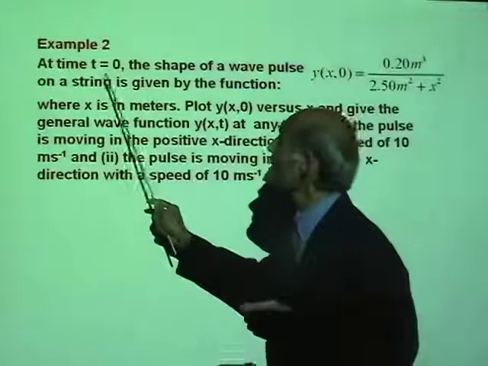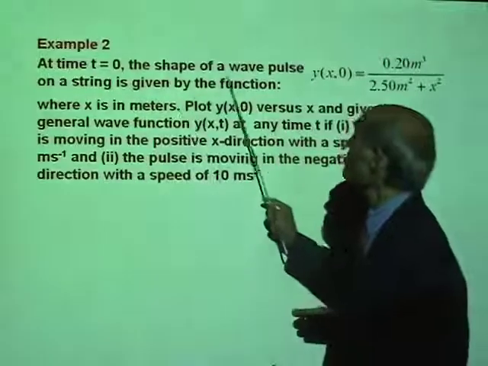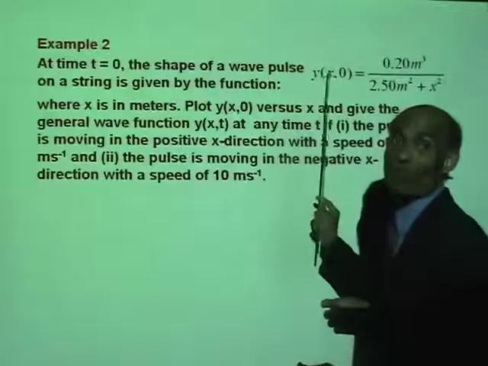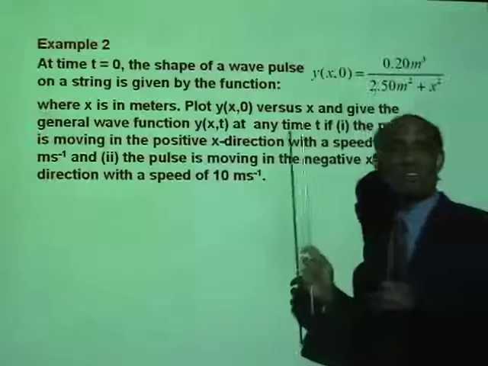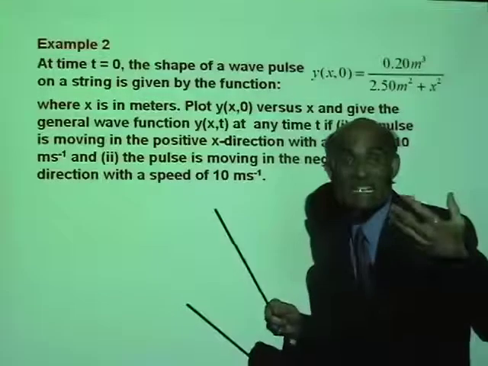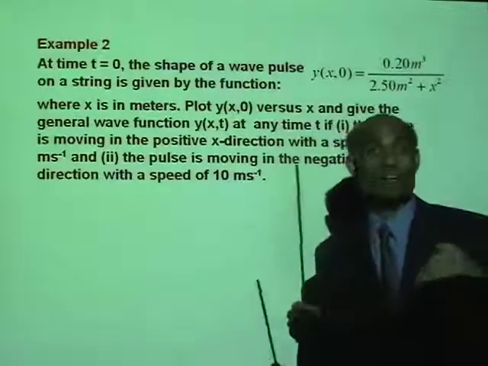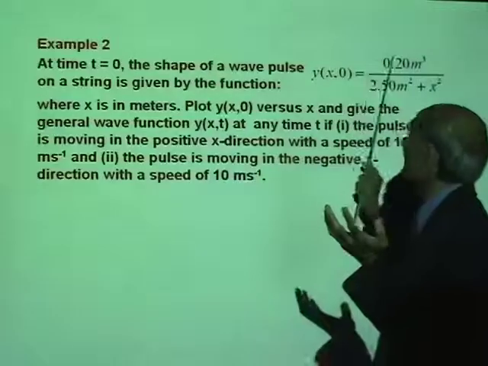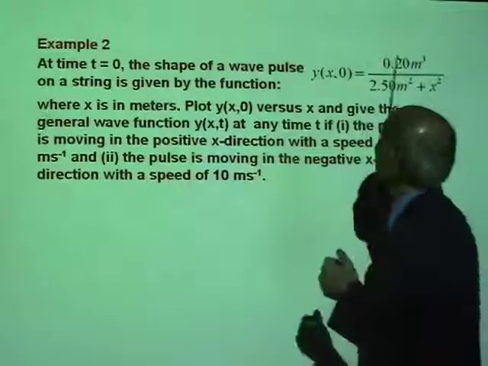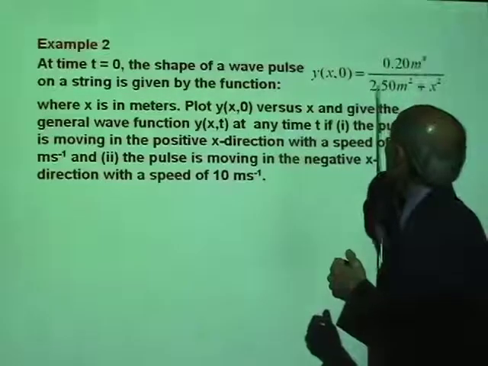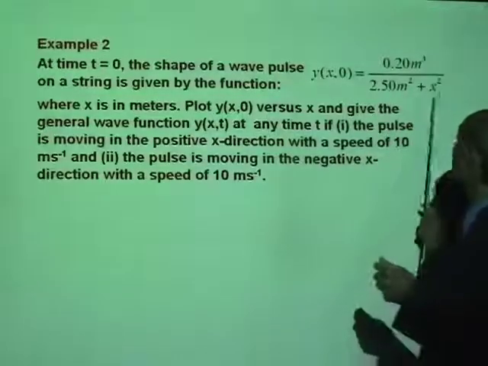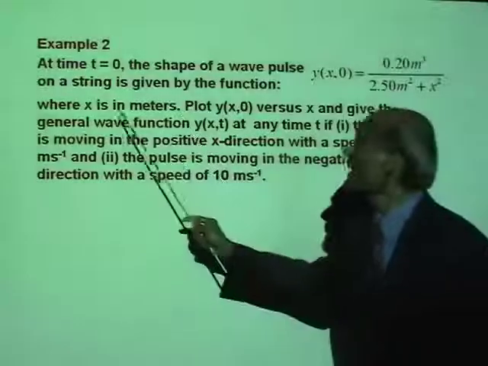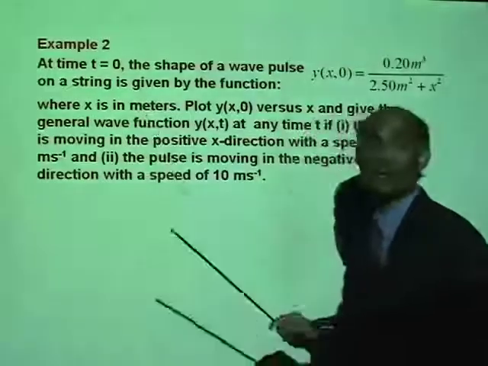At time t equal to 0, the shape of a wave pulse y(x,0) is described by this equation. This time the equation is not a sine function or a cosine function. It's simply a rational function. It is 0.2 meter cube divided by (2.5 meter squared plus x squared), where x is in meters.